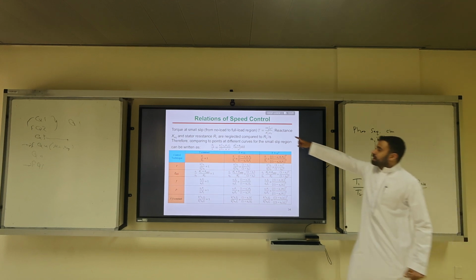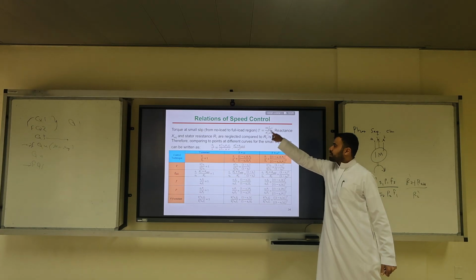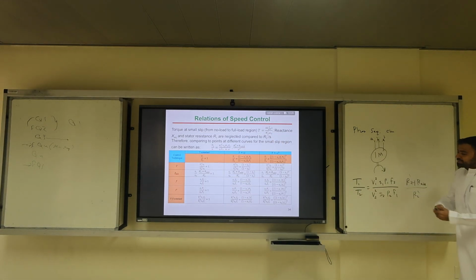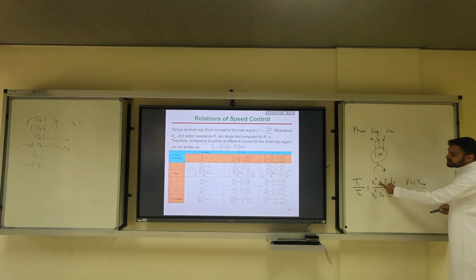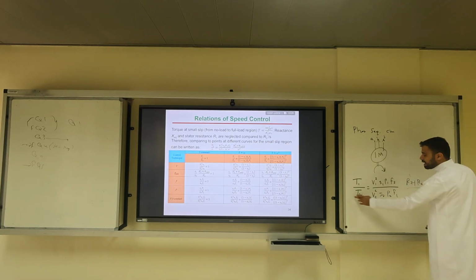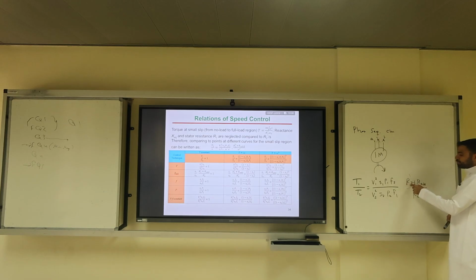If you plug in these equations, the torque at 1 has these parameters: F1 prime, S1, P1 over F1 over R2 prime. The second torque has F2, S2, P2, F2, and R2 prime plus R add, or external.